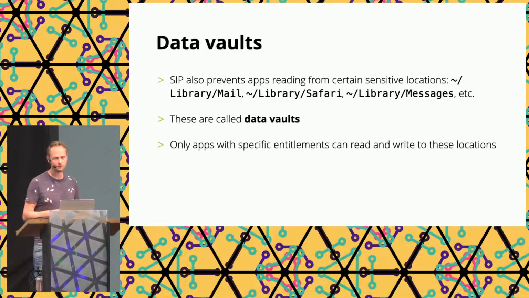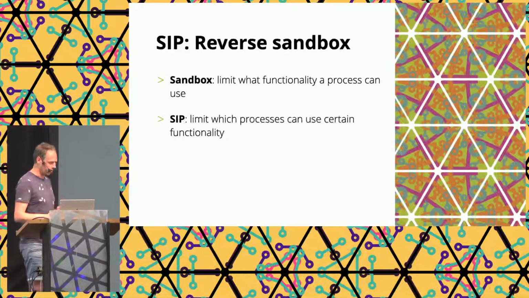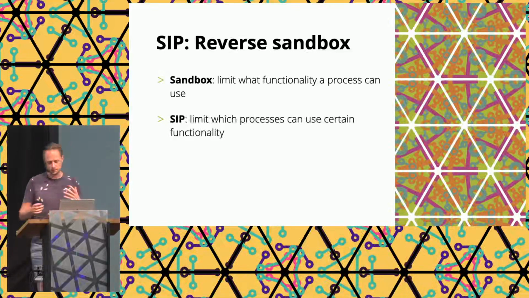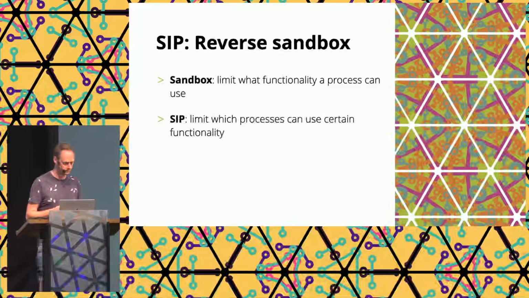So even if you have full system access, that still doesn't mean that you can read the user's local email database, for example. So you can think of SIP like a reverse sandbox. A sandbox limits what functionality a process can use, but SIP tries to protect functionalities by limiting which processes can use that functionality.